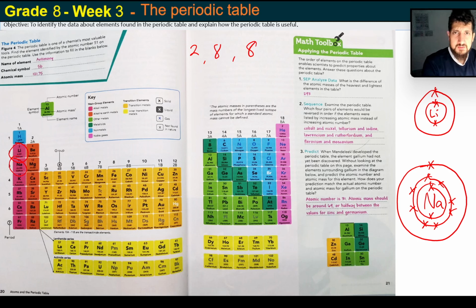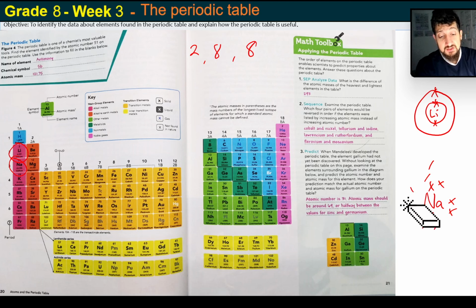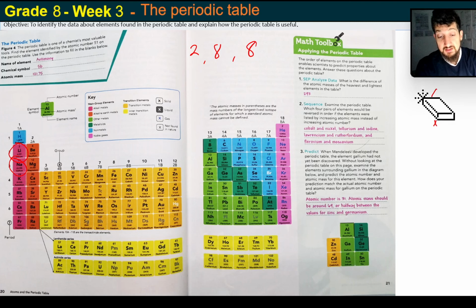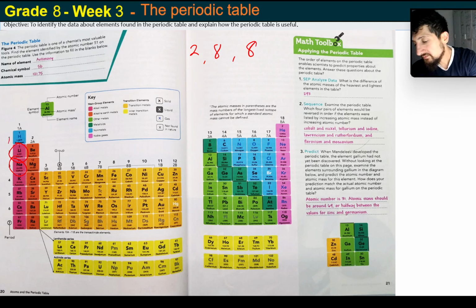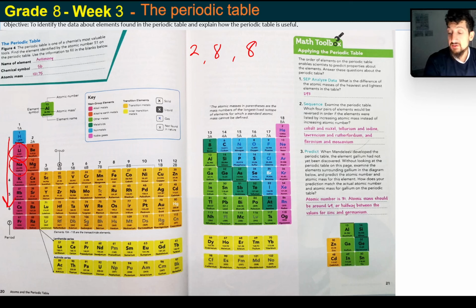What do you think potassium is going to behave like? I think some of you figured it out. Potassium is going to be even more reactive. So this is what happens. As you go down the periodic table, the elements become more and more reactive. So over here, certainly in the first group, they have similar reactivity, and they are more spontaneous, and they make bigger explosions as you go down the periodic table.